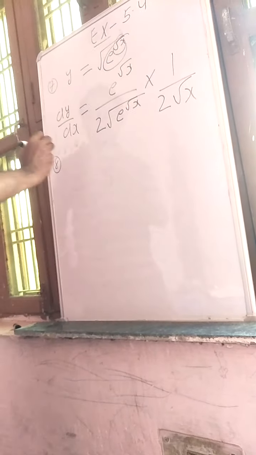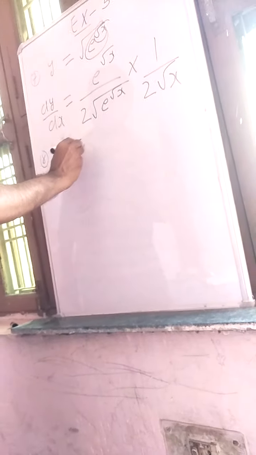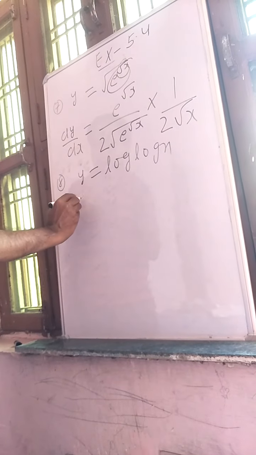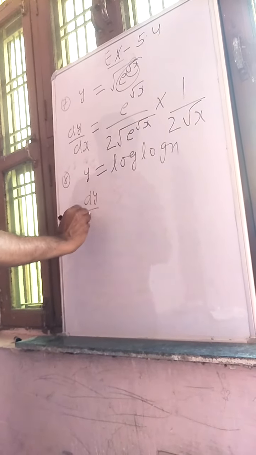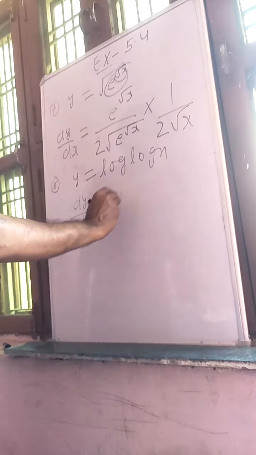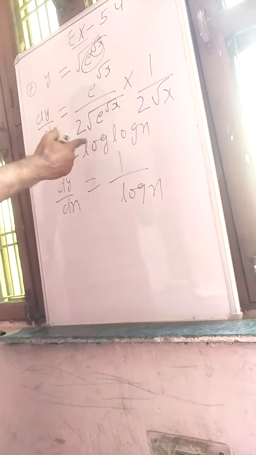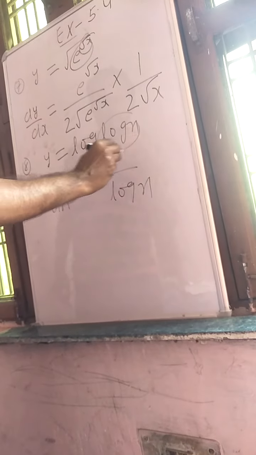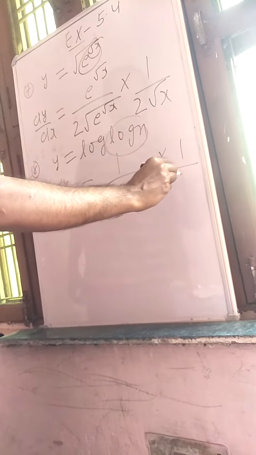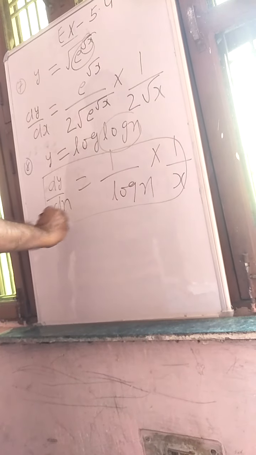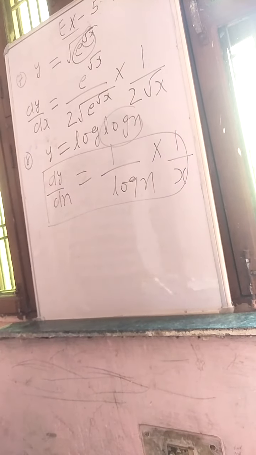Next, y equal to log, log x, it is also easy, divided by dx. So what will be 1 upon log x, because log x is here, so 1 upon x into log x, so 1 upon x. It is the answer. 7th question is complete. 8th number question is complete.